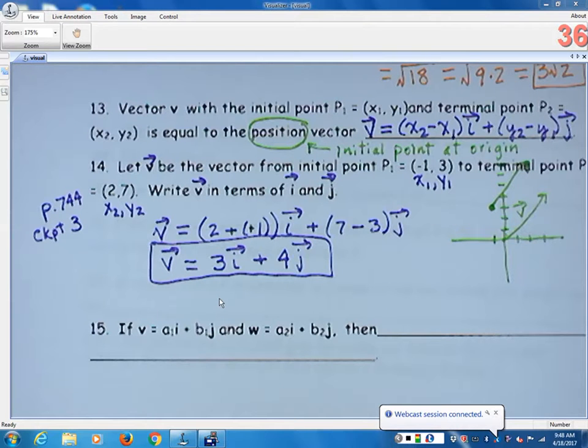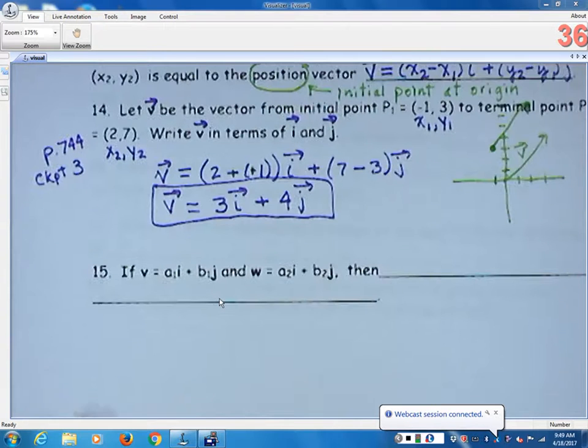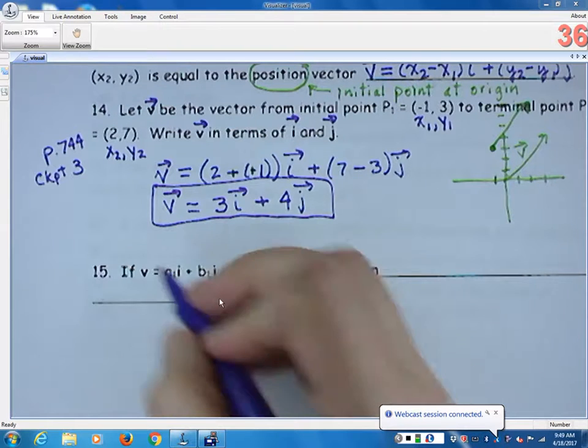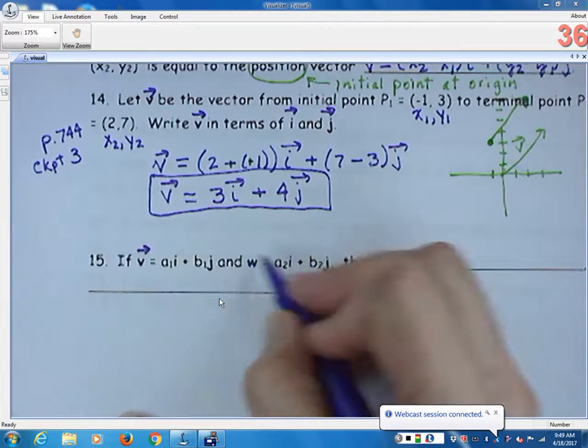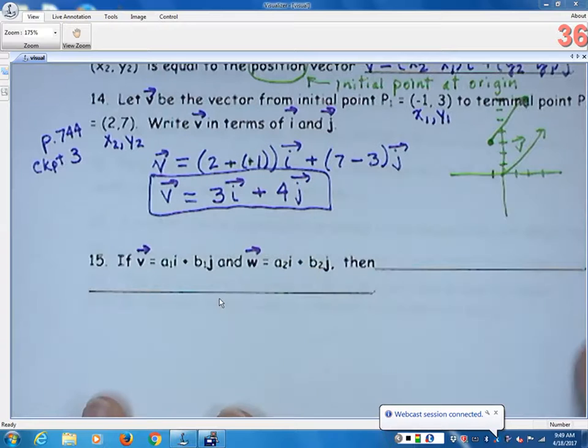All right, and then now we're going to be adding vectors. So if vector V and W are position vectors here, then we can add them.